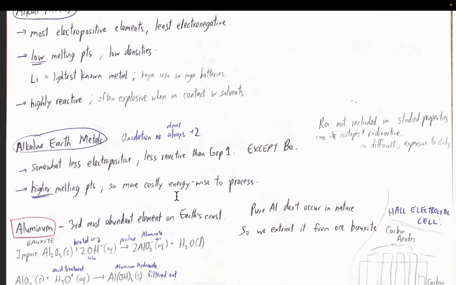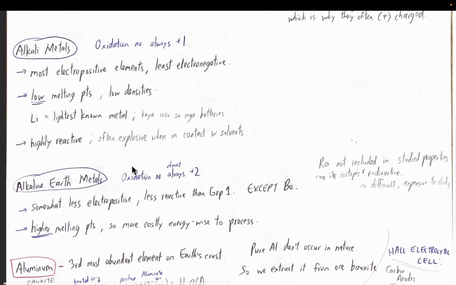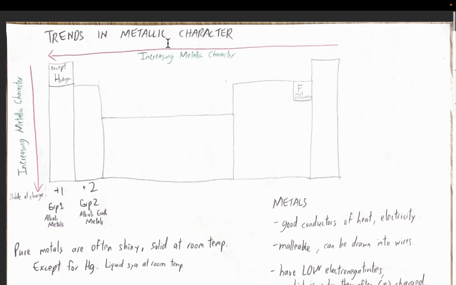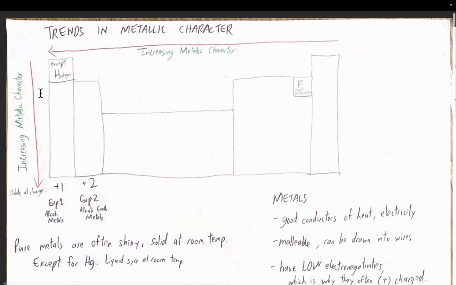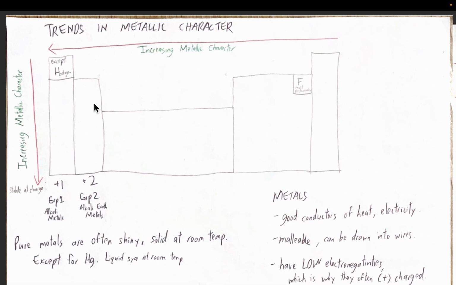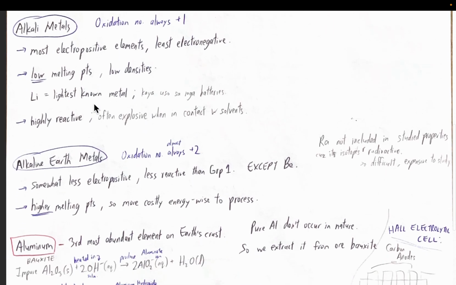So, yeah. It is somewhat less electropositive. Somewhat only. Because, again, in terms of the trends in metallic character or electropositivity, the more you are on the left, the more electropositive you are. But in the case of group 2, it's at the right side of what's at the most left of the periodic table. So, you get what I mean.